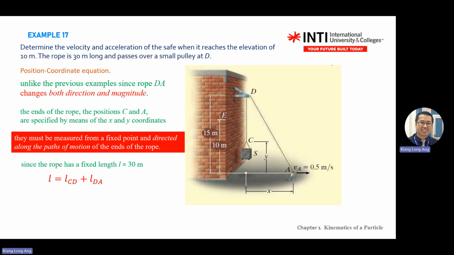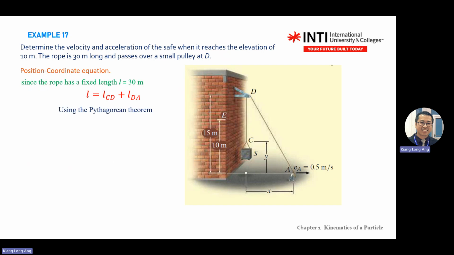You know the trigonometry equation, right? You know the x, you know the y, and then you find the Pythagoras. You want to find this one and this one. X you don't know.